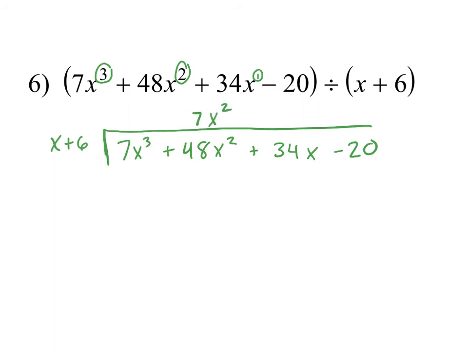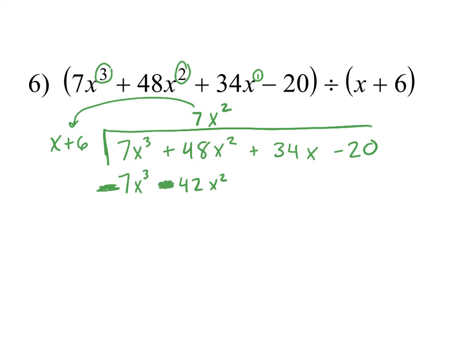What do we do next? Multiply it by everything outside. So 7x squared times x. So this would be 7x cubed. And what's 7x squared times 6? 42x squared. What do we do next? Change the signs.